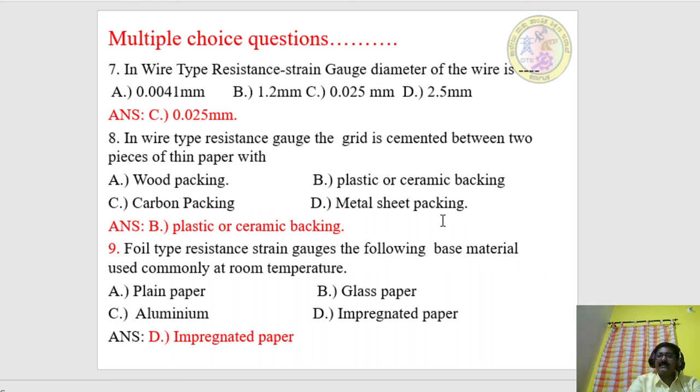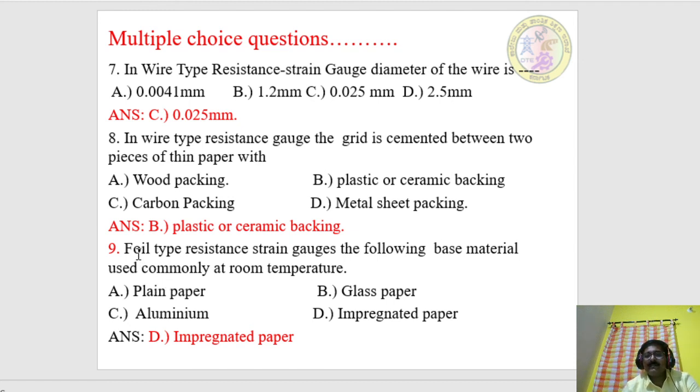B plastic or ceramic backing. Generally they use it as a backing material. Carbon packing, carbon won't be used for backing material. Metal sheet also is not used as a backing material. Then definitely the answer will be plastic or ceramic backing material which has been used. Option is B.